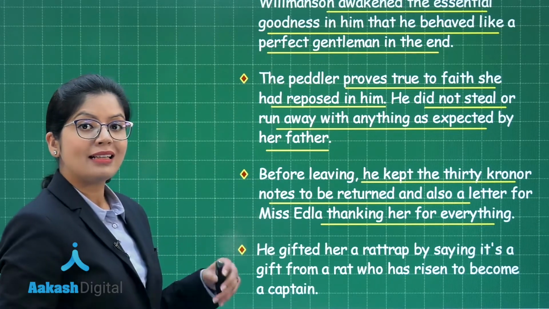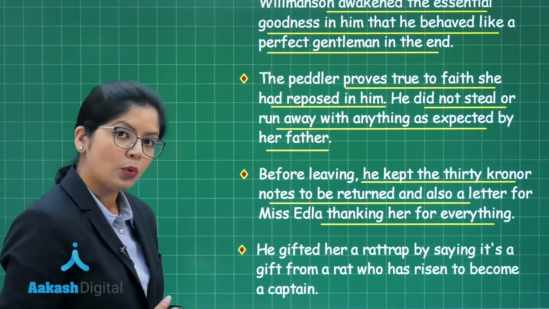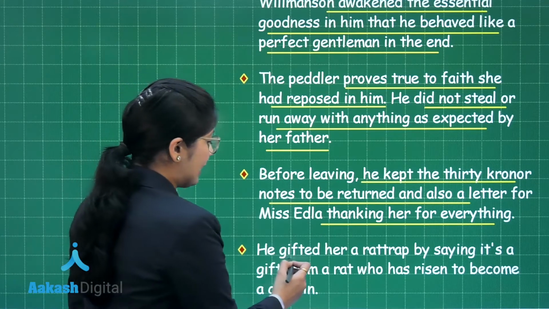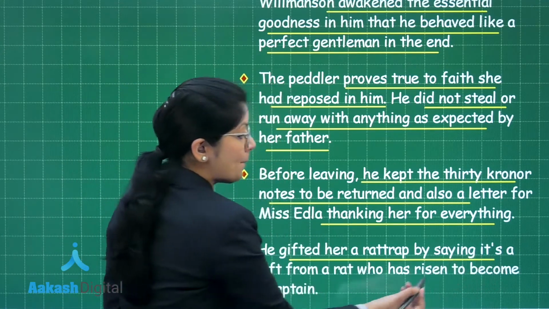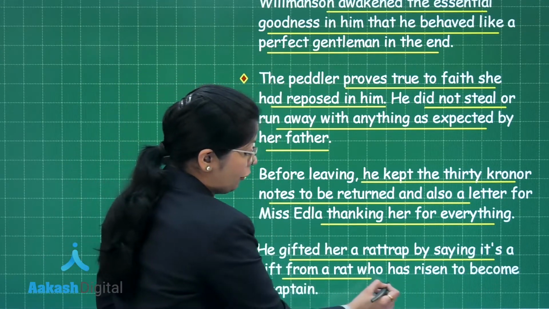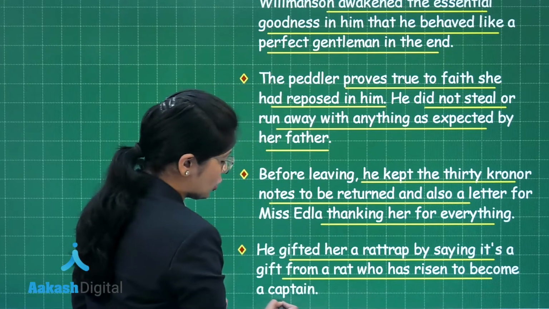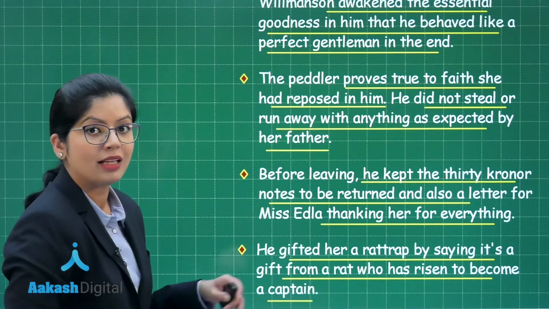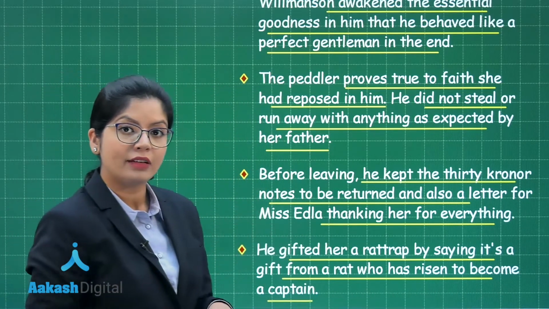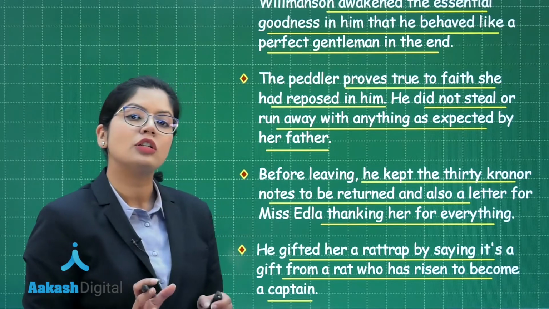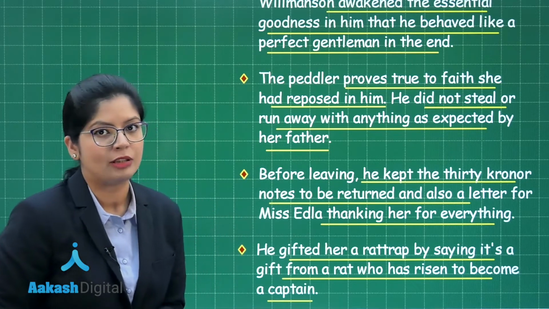This is where we can easily say that yes, he was a transformed man. He gifted her a rat trap by saying that it's a gift from a rat who has risen to become a captain. That's where you bring the textual evidence in your answer to sufficiently complete the explanation.